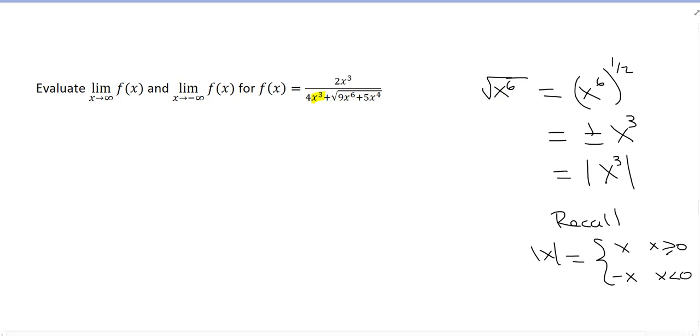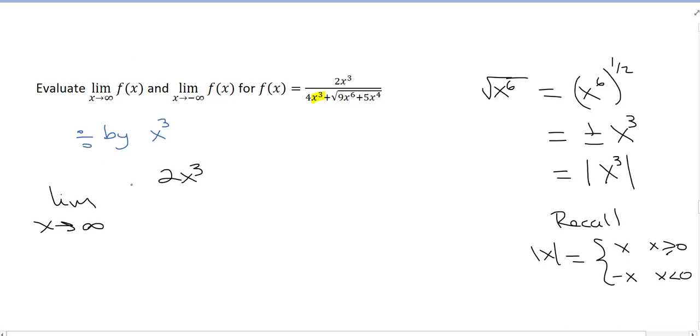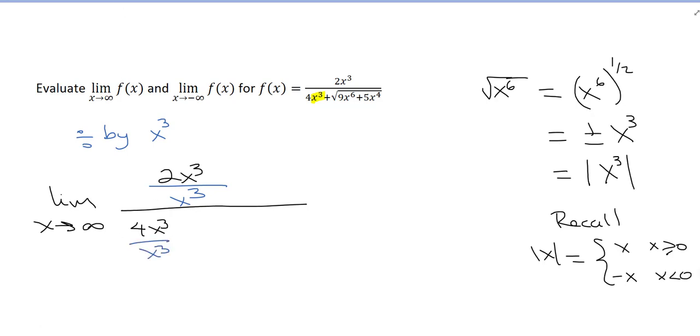So we're going to divide top and bottom, divide every term, by x cubed. The way we're going to do that, I'm going to have the limit as x goes to positive infinity first of 2x cubed over x cubed, divided by the big fraction, and then 4x cubed over x cubed. And what happens here? I can't just divide by x cubed, right? The 9x to the 6 is inside a radical and x cubed is not.